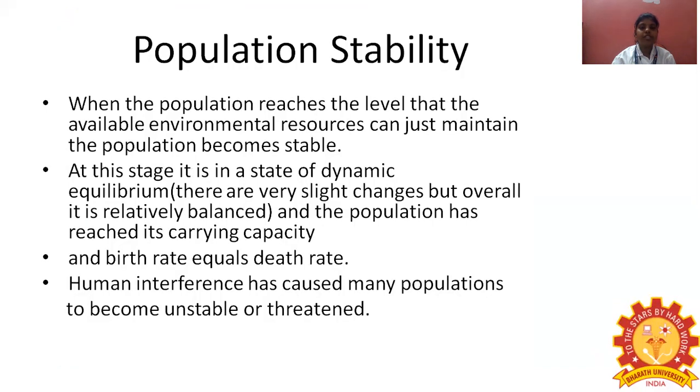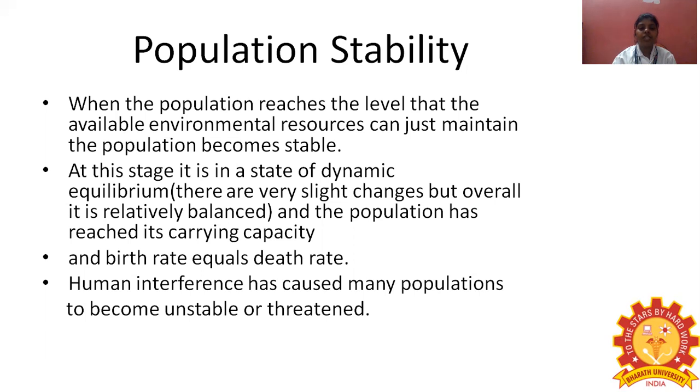Next, population stability. When the population reaches the level that the available environmental resources can just maintain, the population becomes stable. At this stage, it is in a state of dynamic equilibrium.